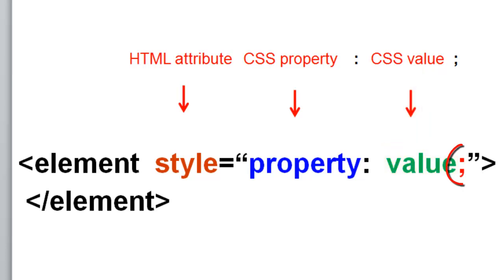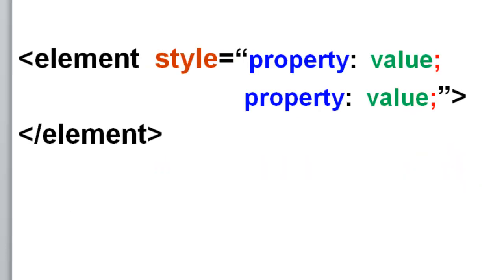If you're only calling one property and value, that ending semicolon is optional, but you may call multiple properties and values. You can call as many as you want, and they must be separated by a semicolon. The space in between the property and value, after the colon, is optional. I prefer putting it there because I think it helps see the code a little bit easier.